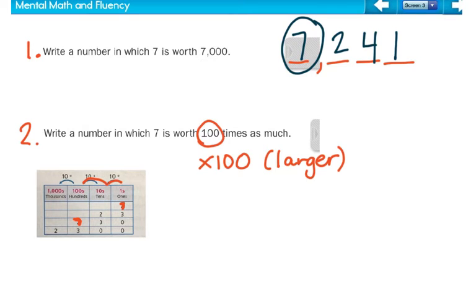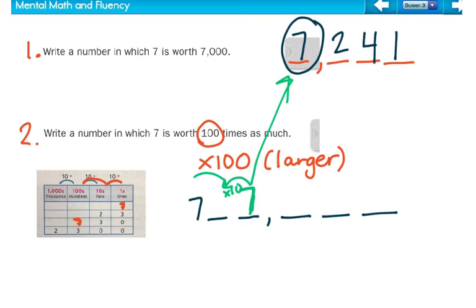It would have to be 700,000, because the 7 was here, right? So just imagine it was right here in this number. This would be 10 times greater. This would be 100 times greater if originally from that thousands place.